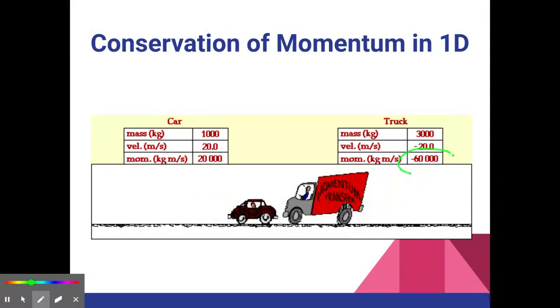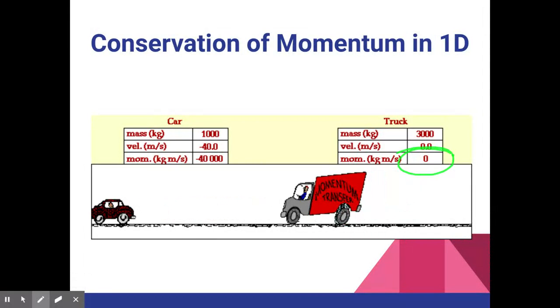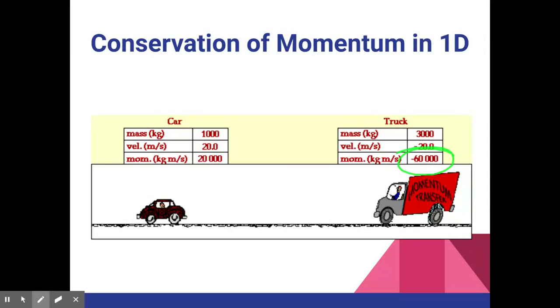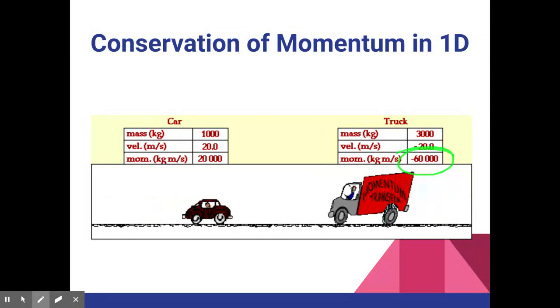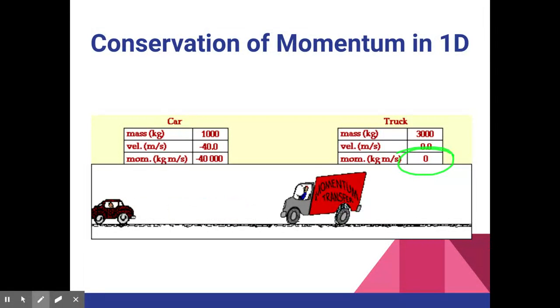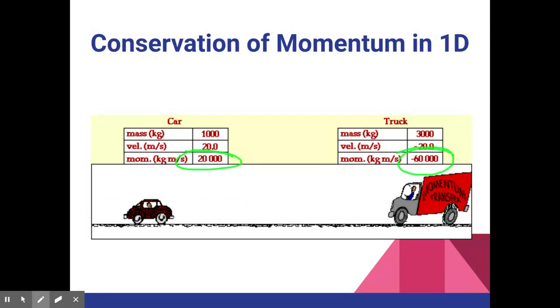As you can see, we have the truck over here. Before it hits, the truck has negative 60 kilograms by meters per second. So you could say that it has 60,000 units of momentum, while the car, before it hits the truck, has 20,000.